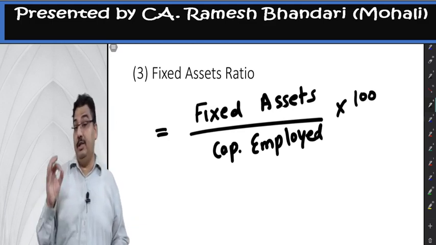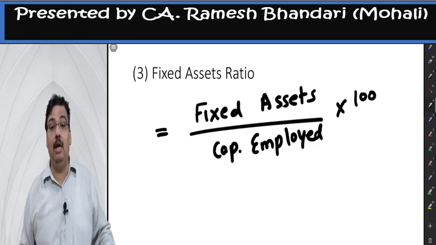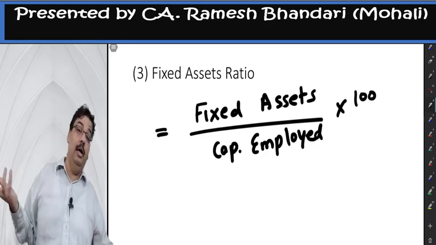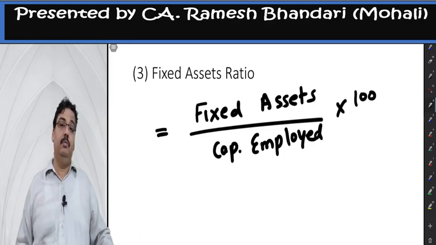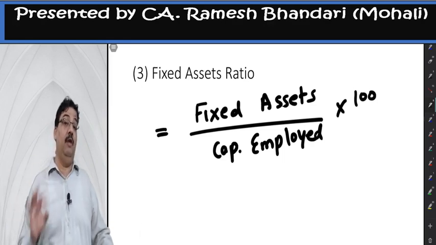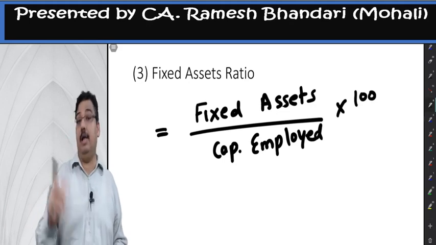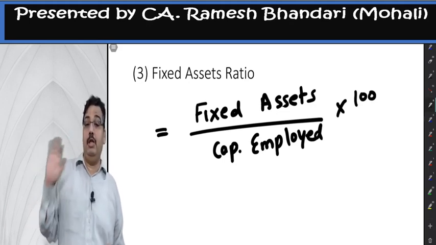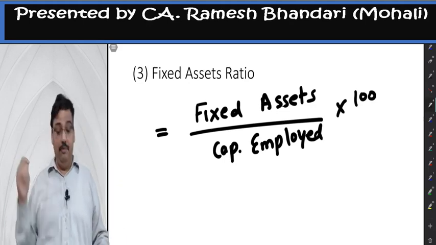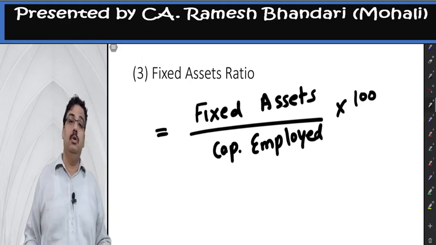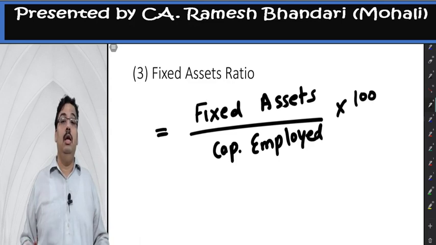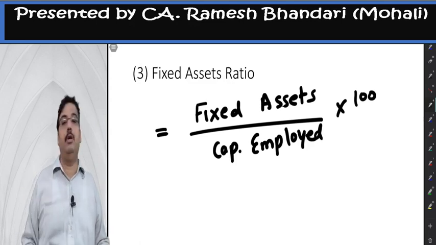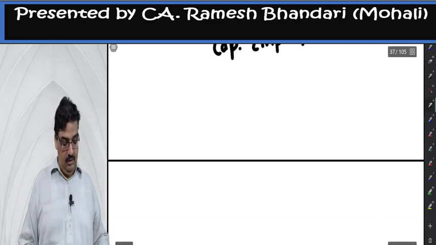So it is fixed assets divided by capital employed. It tells me out of capital employed, what percentage is fixed assets? Balance is working capital. Be very sure, if it is written fixed asset turnover ratio, it is something else. Fixed asset ratio is this. So it tells me the proportion of fixed assets in the capital employed. If it is 60%, 40% is working capital. This is the fixed asset ratio.